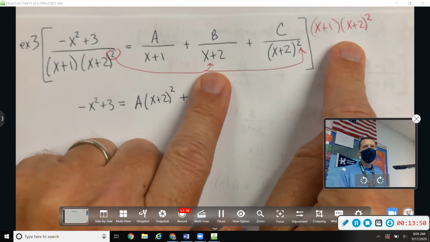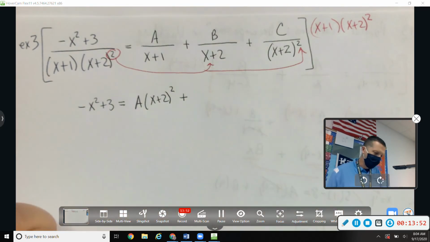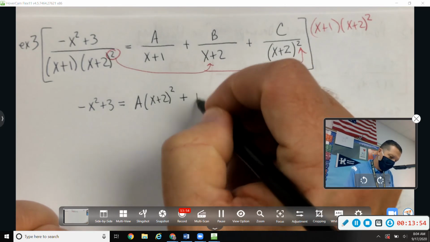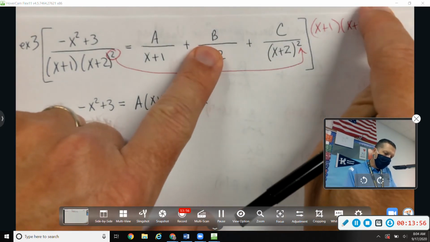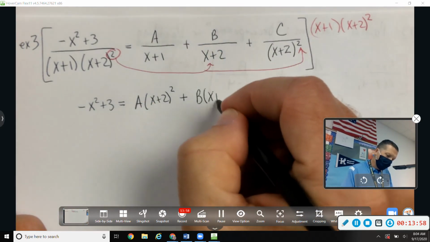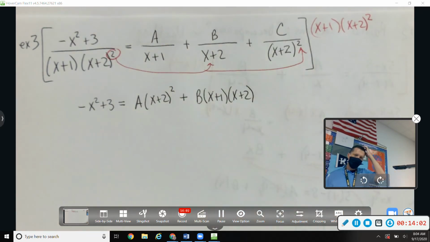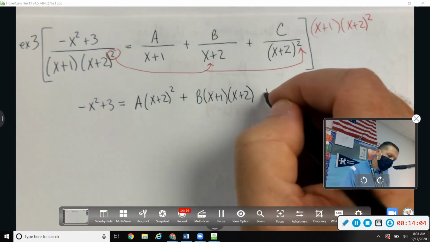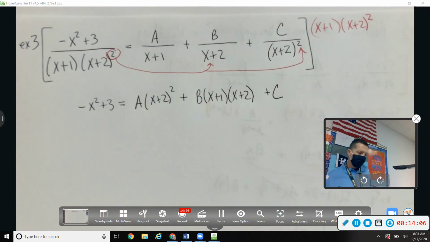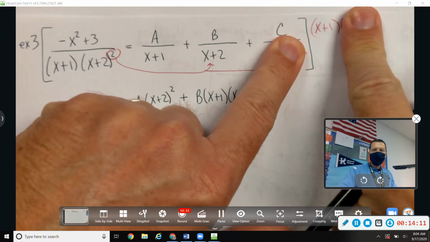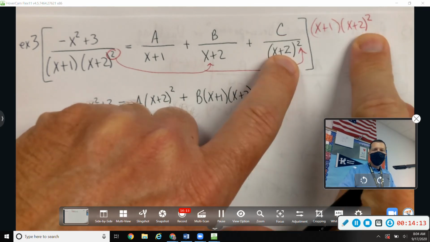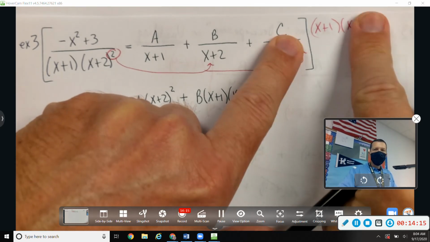One of the x plus 2s. One of the x plus 2s cancels out. Not both of them, but one of them goes away, so that leaves me with x plus 1 and one of the x plus 2s. And then on the c term, back to easy, I think, x plus 2 squared, both of them cancel out, and so that leaves c times x plus 1.